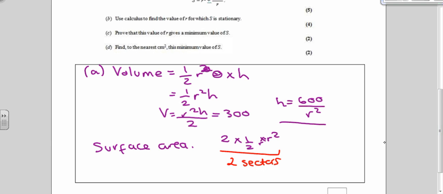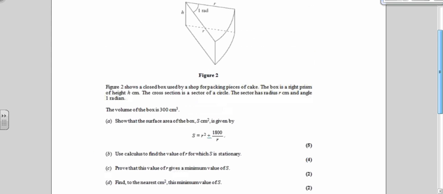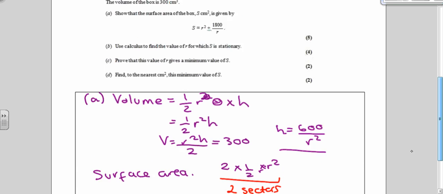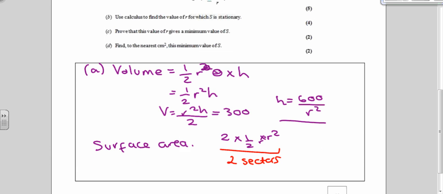And then we have two rectangular sides, so this one here and that one along the back. So they will be found by doing h times r, the height times the radius. So we're going to have plus h times r times 2 for the two rectangles.